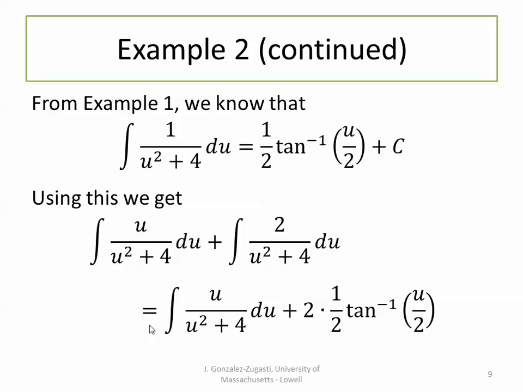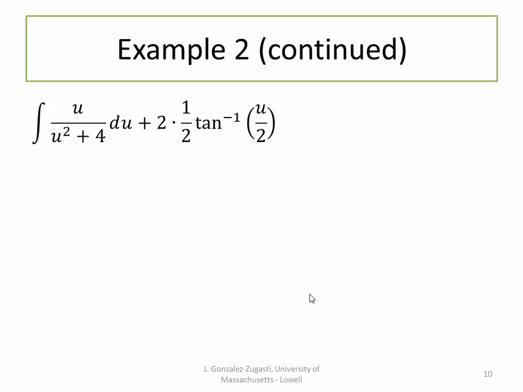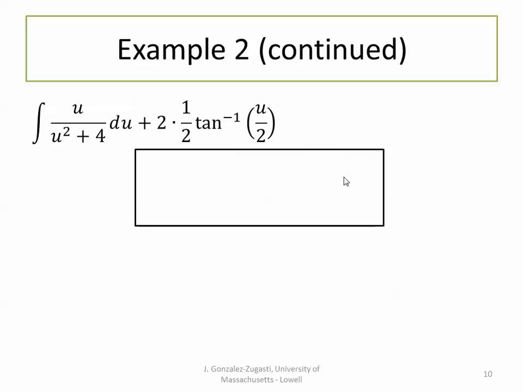All right. So now we need to find this integral. And here now we can go ahead and make another substitution. We'll let v be equal to u squared plus 4, which tells me that dv is equal to 2u du, or that 1/2 dv is equal to u du.